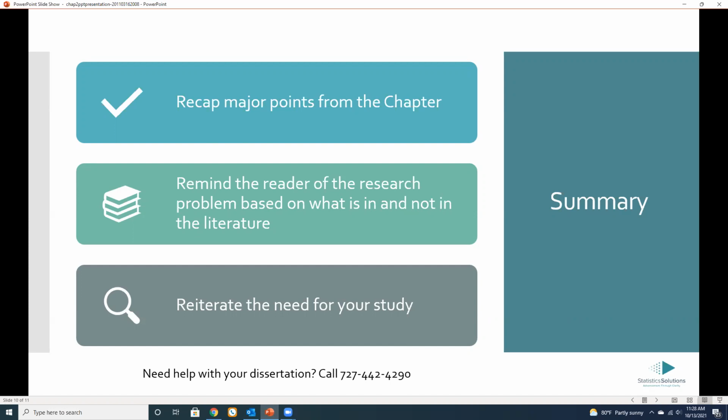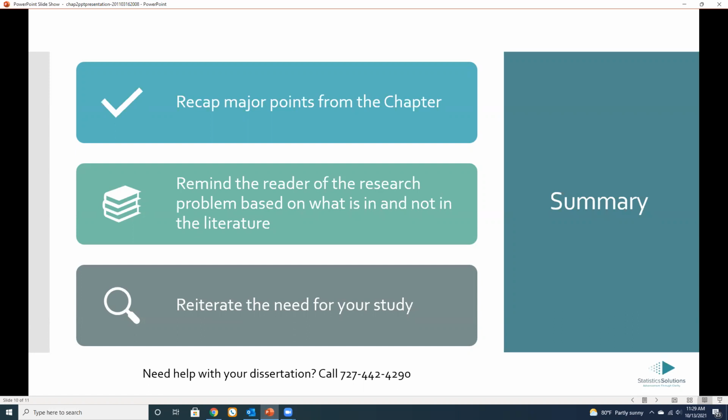For the summary, like any summary, recap major points from the chapter. And this is important because if the lit review is culminating in an argument for conducting your study, remind the reader of the research problem based on what's in the literature and what's not in the literature. In other words, what the literature covered and what it didn't cover, which is what your study is designed to do.